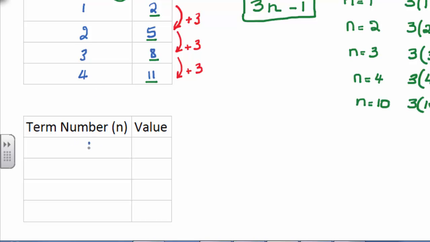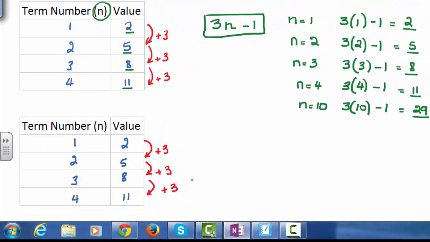First term, second term, third term, fourth term. The values are 2, 5, 8, and 11. And again, the difference: from 2 to 5 I'm adding 3, from 5 to 8 I'm adding 3, and from 8 to 11 I'm adding 3.